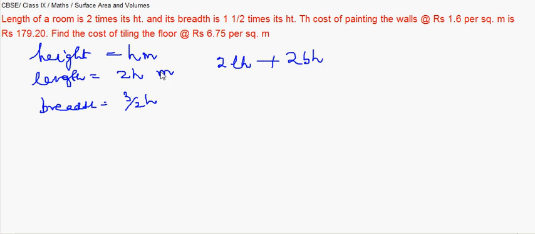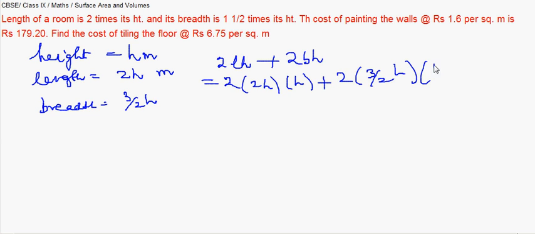So it's 2 into L into H plus 2 into B into H, which gives us 4h square and 3h square, that's 7h square.